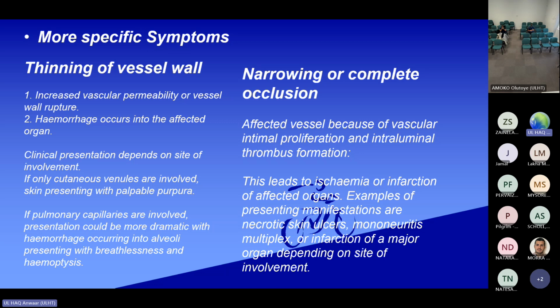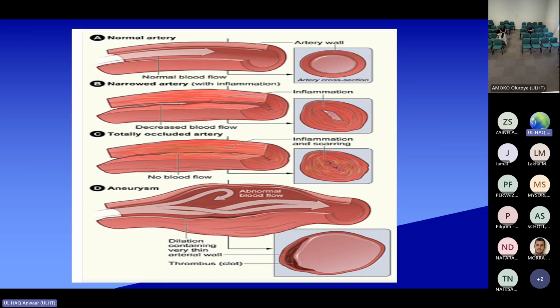So these are the two things: thinning of the blood vessel can lead to hemorrhages, that can lead to purpura or petechiae under the skin, and narrowing of the blood vessel can further lead to ischemia and infarction of the distal organs. This is one picture you can use to easily understand. This is the normal artery, where the blood flow is very good and lumen and diameter are fine, and then there is a narrowing of the artery.